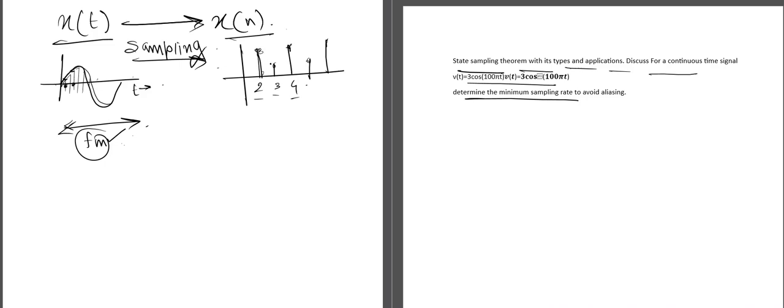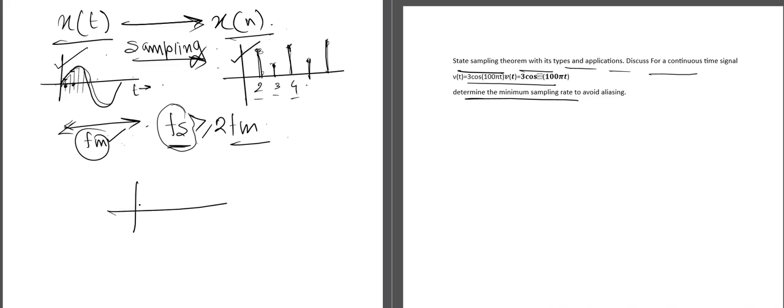These individual lines that I am drawing here are the samples. So any signal which is band limited to fm can be reconstructed from the samples if fs is greater than or equal to 2 fm. What is fm? fm is the frequency of this continuous time signal and fs is the sampling rate, the frequency at which the signal is sampled.